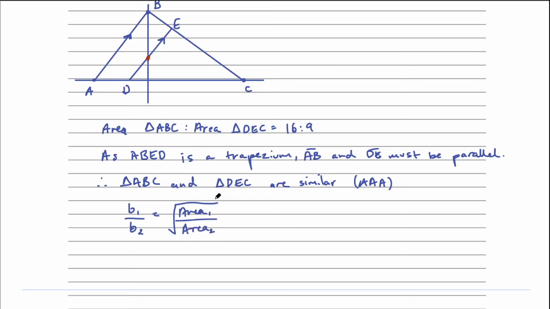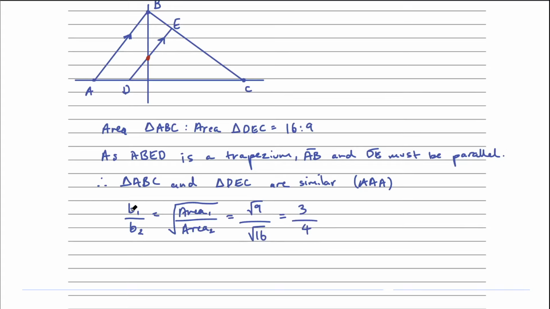That's if they're similar shapes. Okay, so now we have the ratio of the areas, 16 to 9, or 9 to 16 if you wrote it the other way around. Therefore, we can say the ratio of these lengths would be the square root of 9 over the square root of 16. Square root of 9 is 3, square root of 16 is 4.